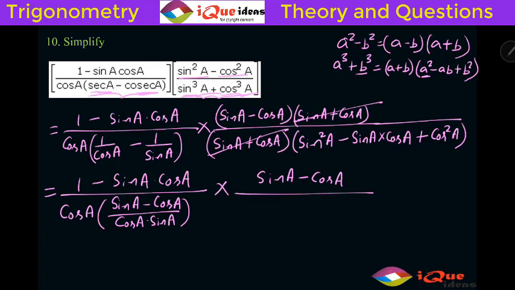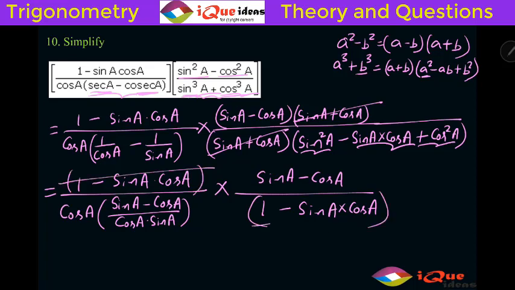And in the denominator, sin square a plus cos square a will become 1, so 1 minus sin a cos a, and this term will remain as it is. Now 1 minus sin a cos a gets cancelled completely, and sin a minus cos a gets cancelled completely.